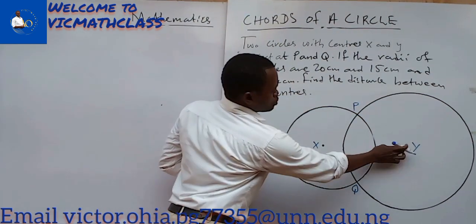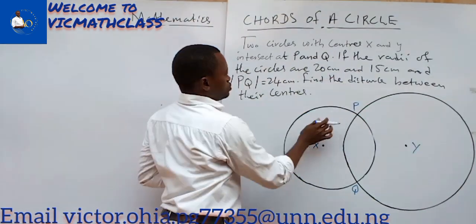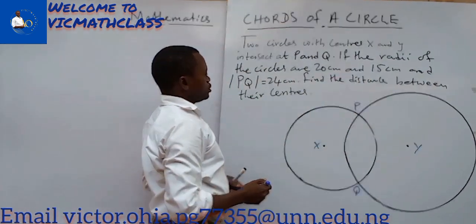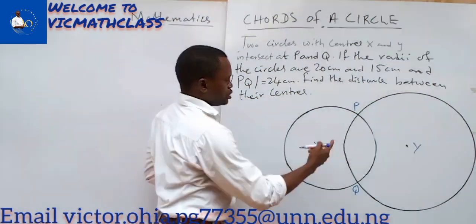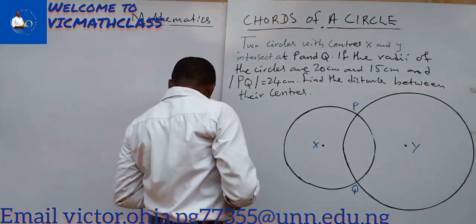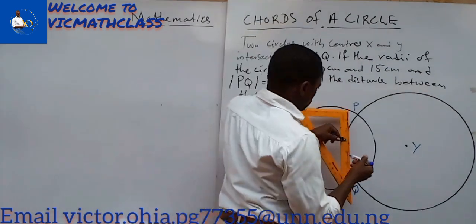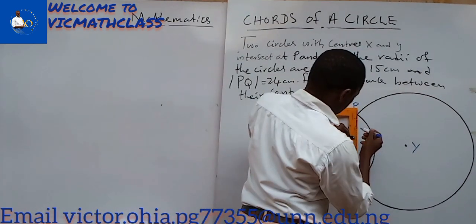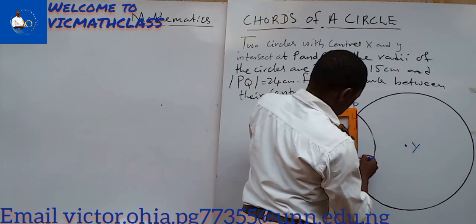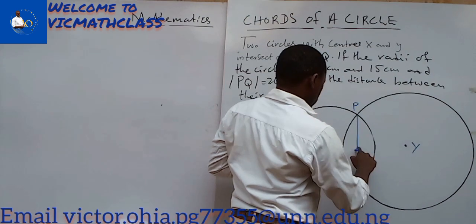This one we take as 20 cm because it's bigger, and this one we take as 15 cm. Now, take note, they say that PQ is 24 cm. So let me join PQ.